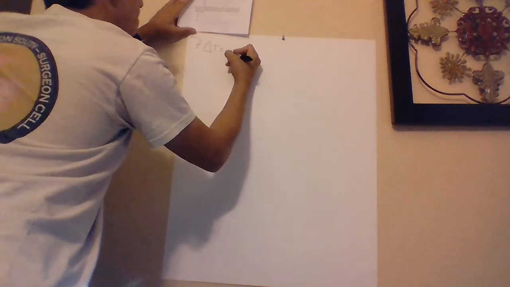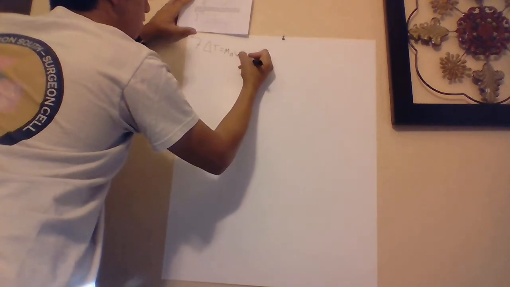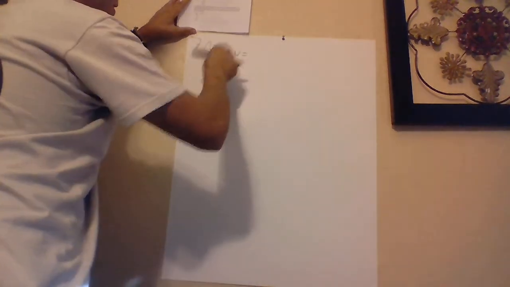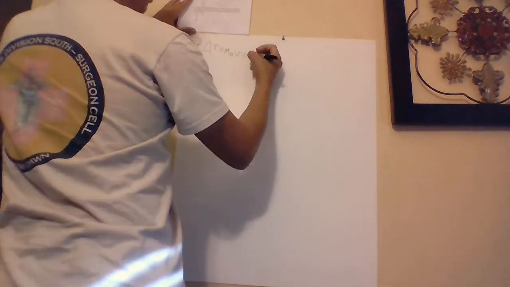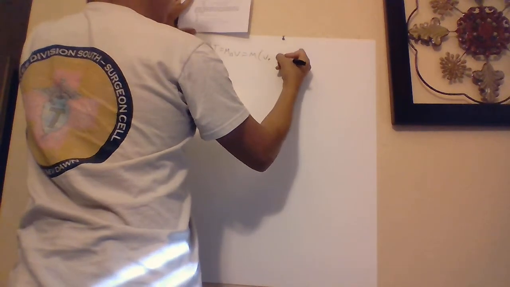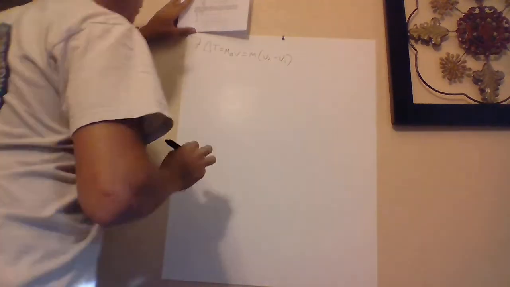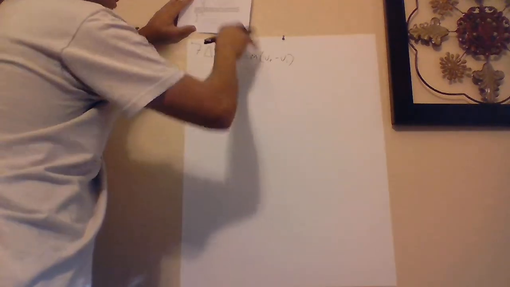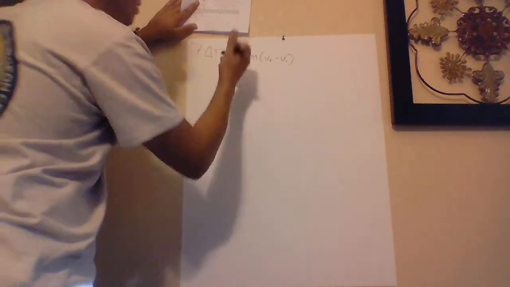Impulse equals mass times net velocity. So it was mass times final velocity minus initial velocity. To find those, I also had to calculate the net, so I had to use the sines.